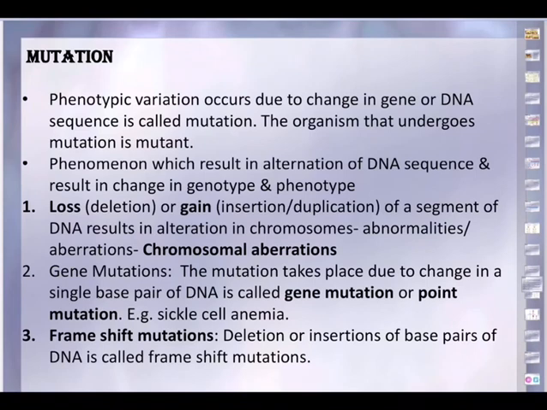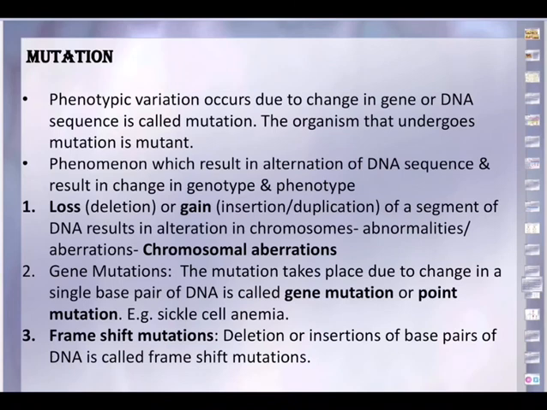One mutation, like G and C. If C is missing, then that results in a lot of changes in the phenotype. And that change in the phenotype is because of the lack of just one nitrogenous base called cytosine, C. So then we call it point mutation. Example, sickle cell anemia.